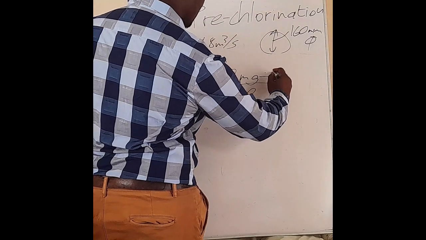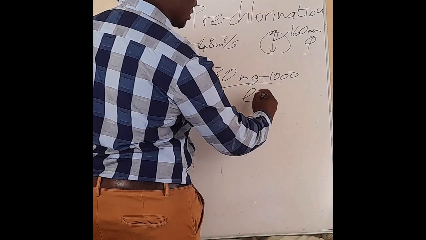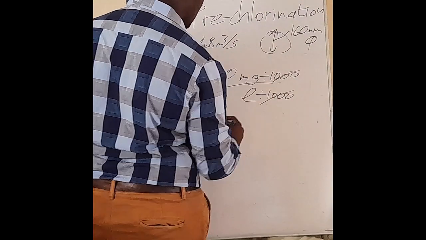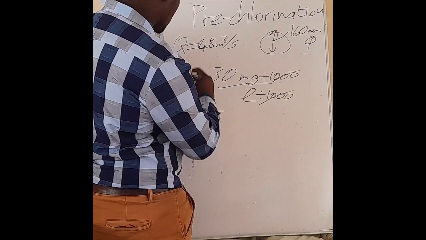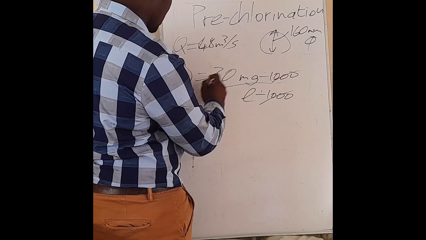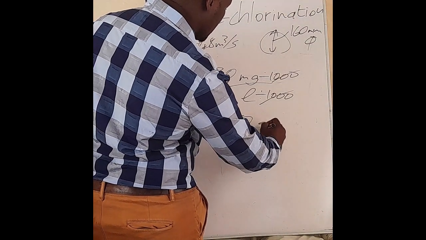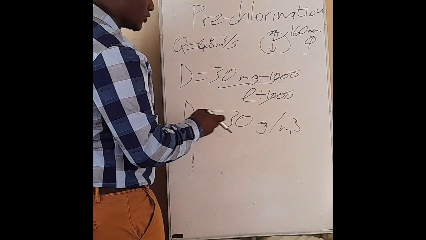We'll just divide that by 1,000, and we want to convert liters to meter cubed. Then we'll also divide this by 1,000, so those thousands cancel out, and basically we end up having a dosage. Let's say dosage D will end up being 30 grams per meter cubed. Okay, so that's our dosage.